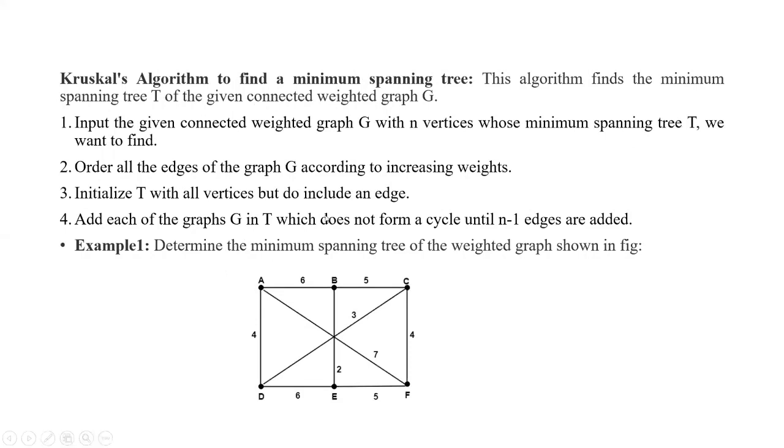This is the example: determine the minimum spanning tree of the weighted graph as shown in the figure. For this diagram, which one is the minimum weight? The minimum weight is first 2, this one.